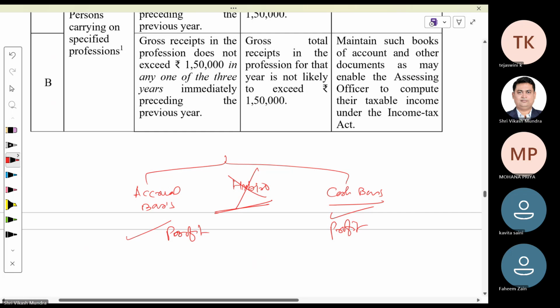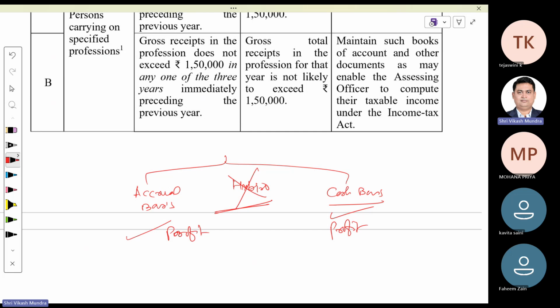Anyone? Whether my profit in both of the accounting methods would be same or it would be different? It would be different. So which method of accounting are we supposed to consider, whether it is accrual basis or cash basis? Income tax suggests that you may calculate your profit by following either method of accounting, that is accrual basis or cash basis.